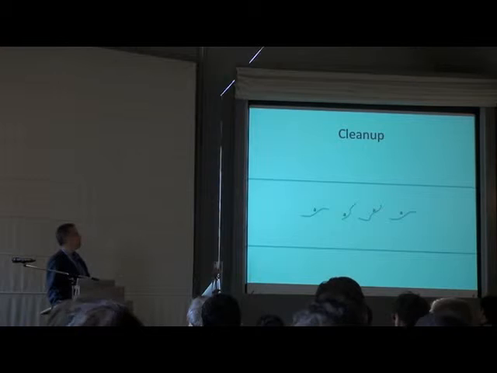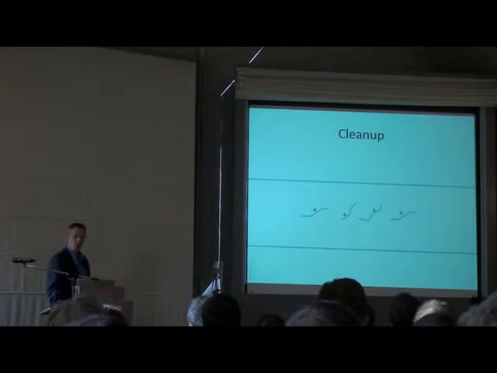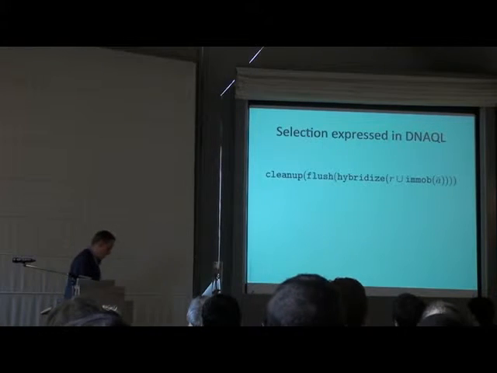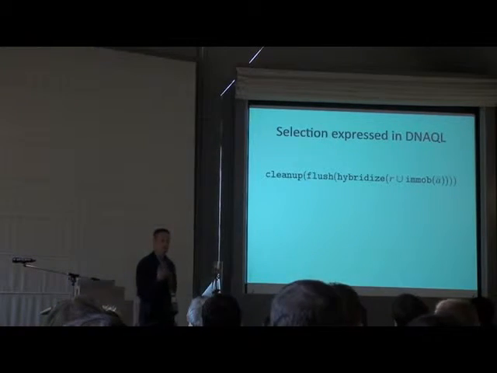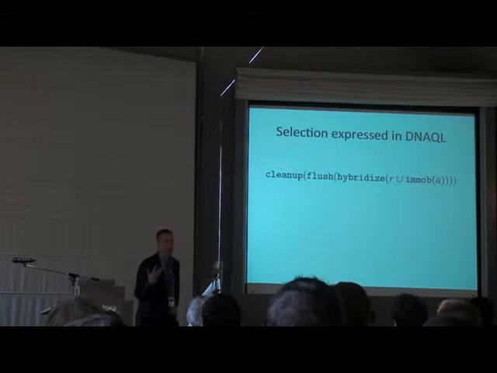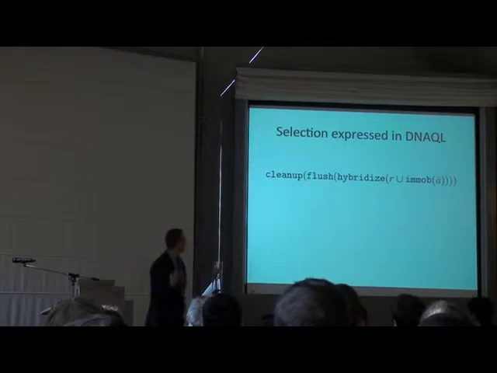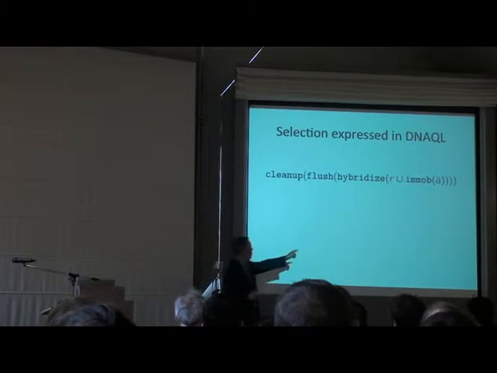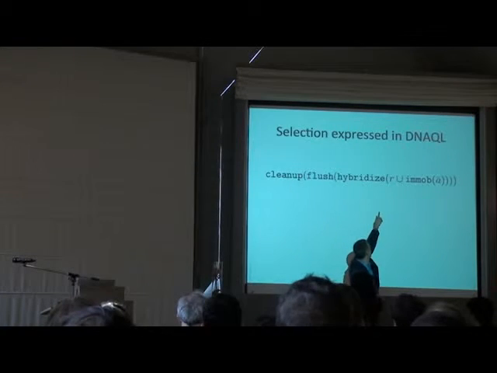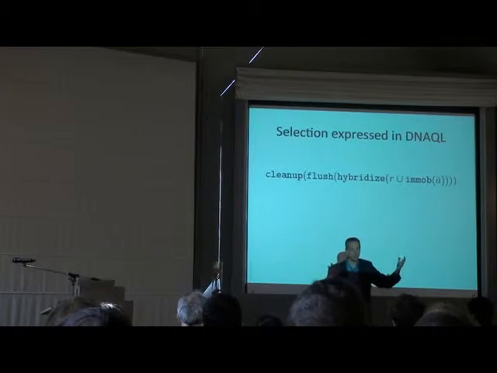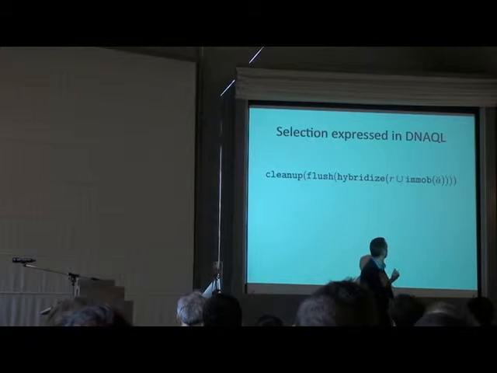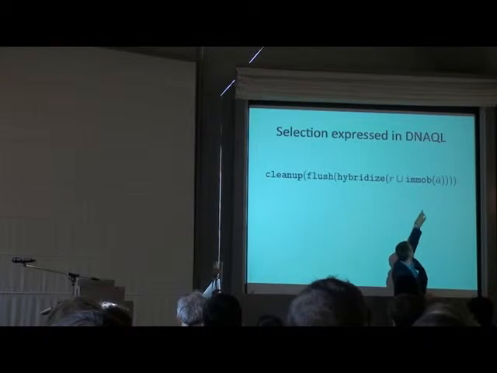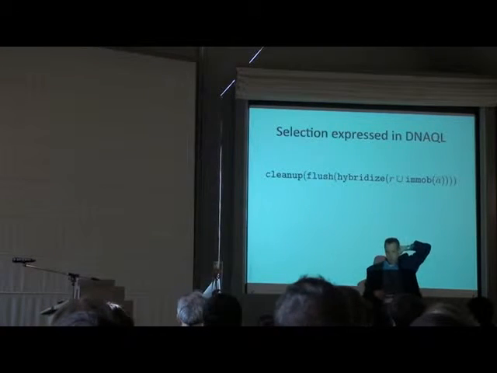To do this basic operation, we have already used a number of operations on DNA. So I will introduce a database query language, or if you want, a DNA programming language, that we call DNAQL, to represent what we have already done. We have a test tube R, which contains a relation. We have added to it, so we have the set union, a basic operation, which basically means pouring two test tubes together. We added an immobilized A complement.